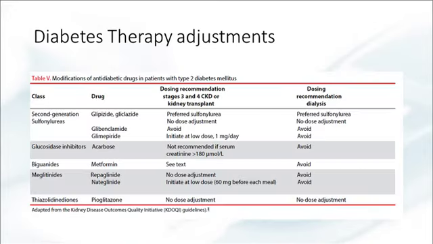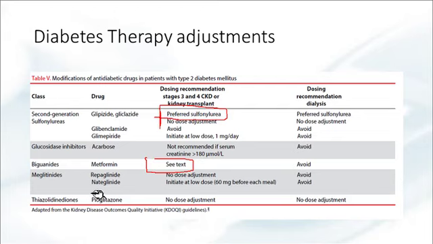Additionally, their current diabetes therapy may require dose adjustments. Metformin, you cannot use at an eGFR of less than 30, and once the eGFR is less than 60, it requires dose adjustment. Gliclazide is, of course, the preferred sulfonylurea, particularly gliclazide MR, as we've discussed, and no dose adjustment is generally required for that one.